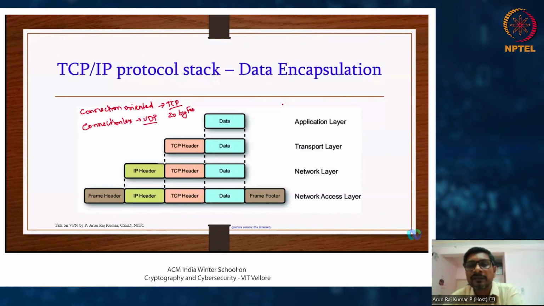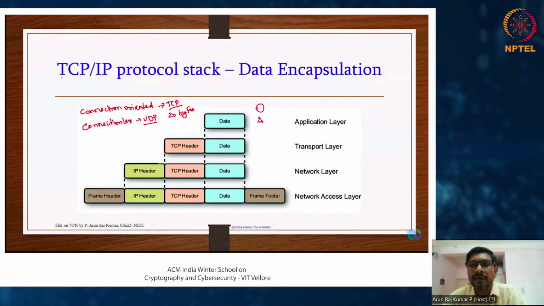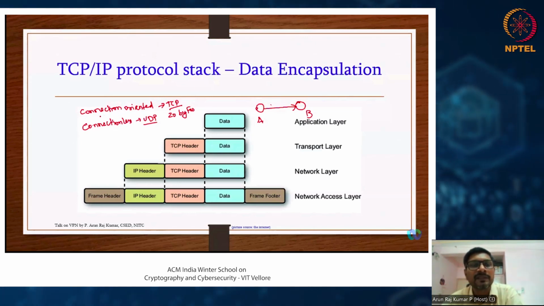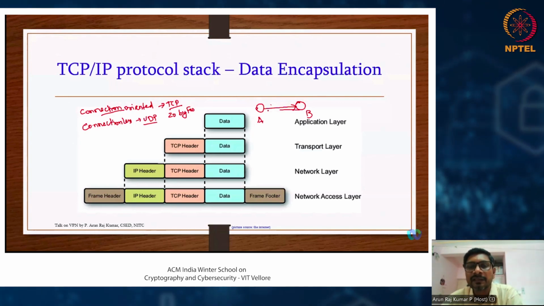For example, here there is an A, and here there is a B. Before we start sending the data, we need to first establish the connection. That's basically what connection oriented is. Once we establish the connection and get the acknowledgement, then we can start transferring the data.